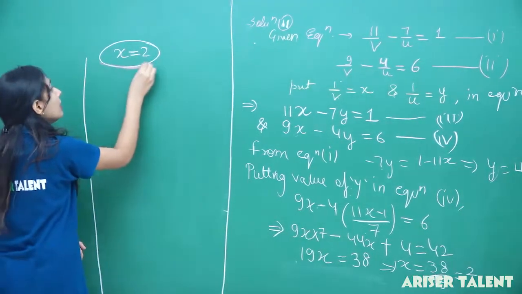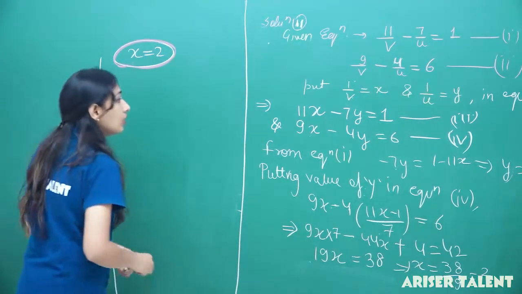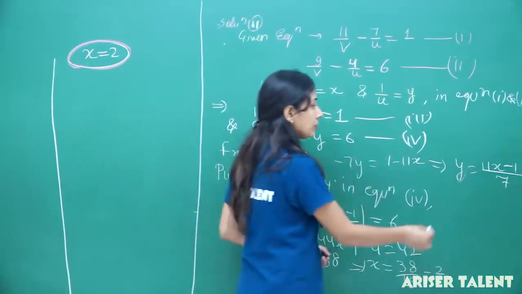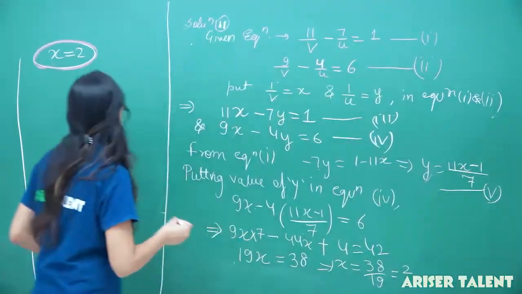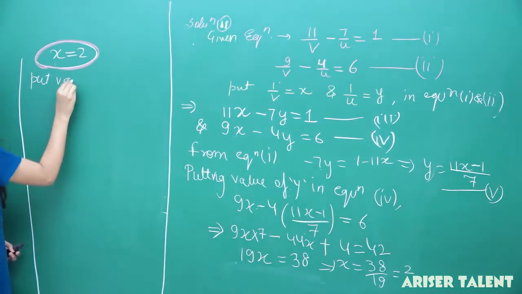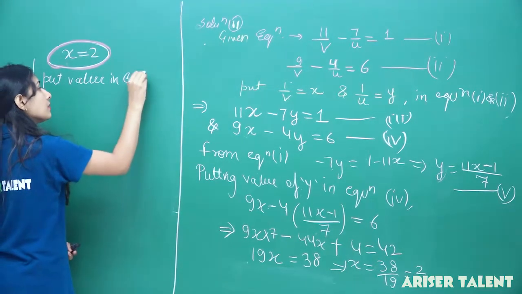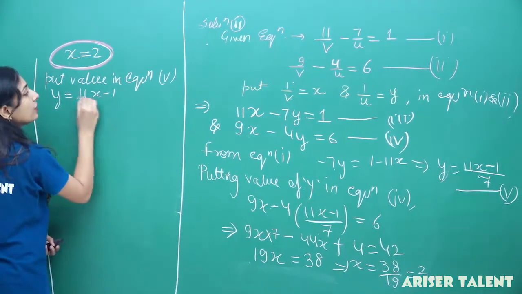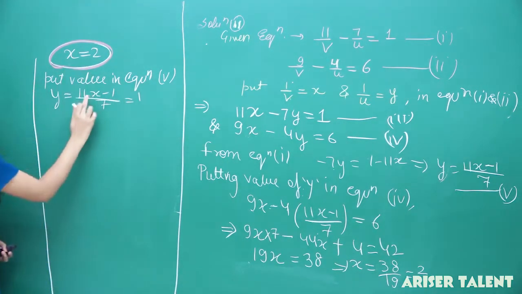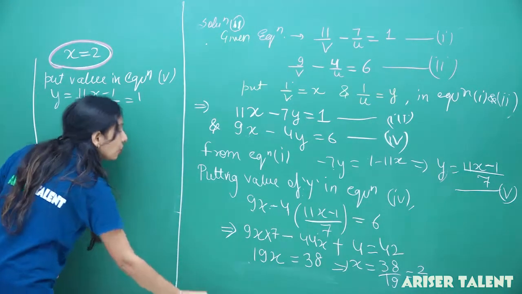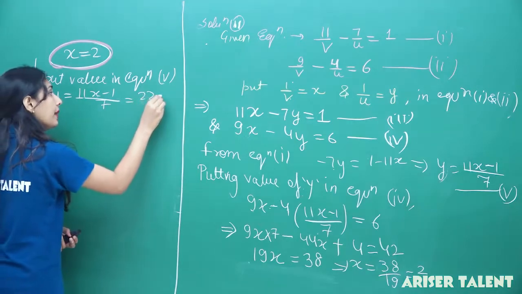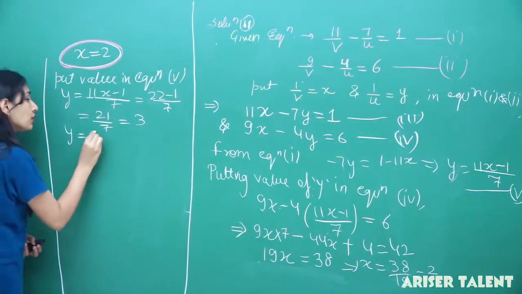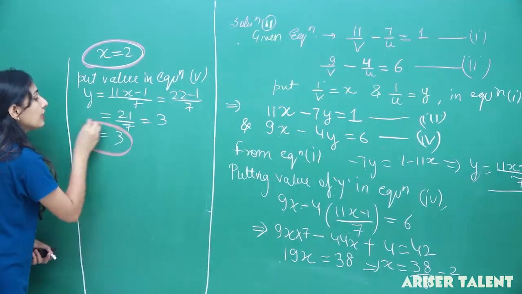Now the value of y, if I put the value in this equation, let us suppose this is equation 5th, where y is equals to 11x minus 1 by 7, which will be 11 multiplied by 2 will give you 22. So can I write 22 here? Minus 1 by 7, 21 by 7 is nothing but 3. So y equals to 3. Y equals to 3 I have.